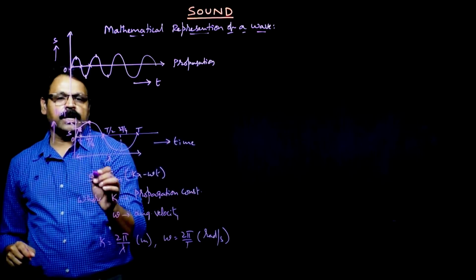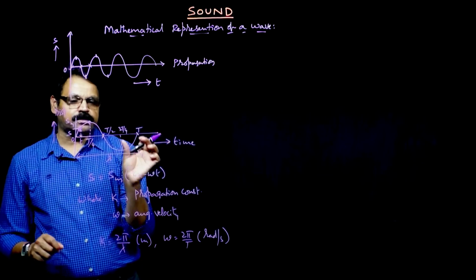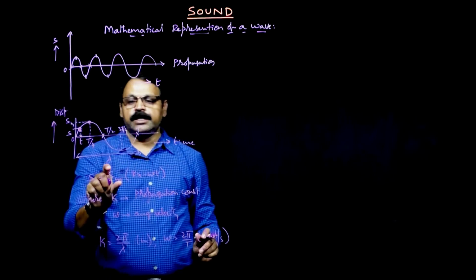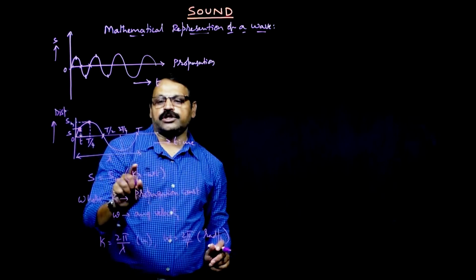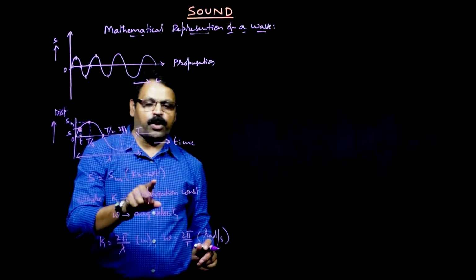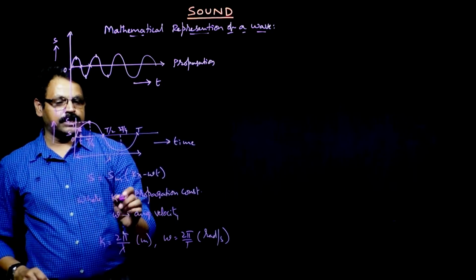In order to know that, let us say it is displaced by an amount S from the mean position. Then that S can be a function of its maximum displacement, and 2 physical quantities you need to remember here. One is called the propagation constant and the other is called angular velocity.